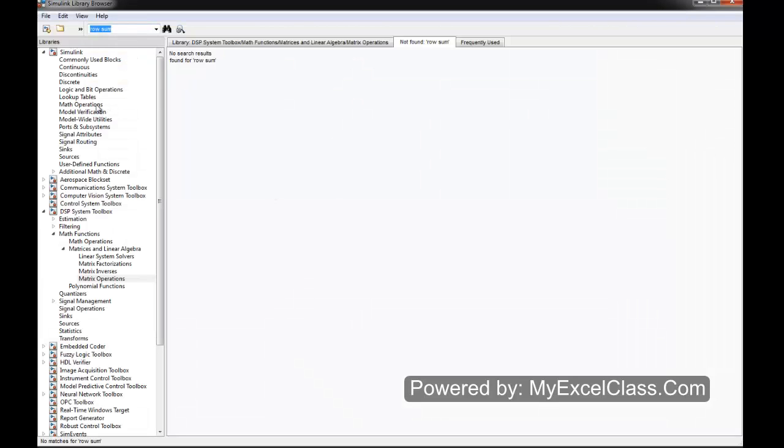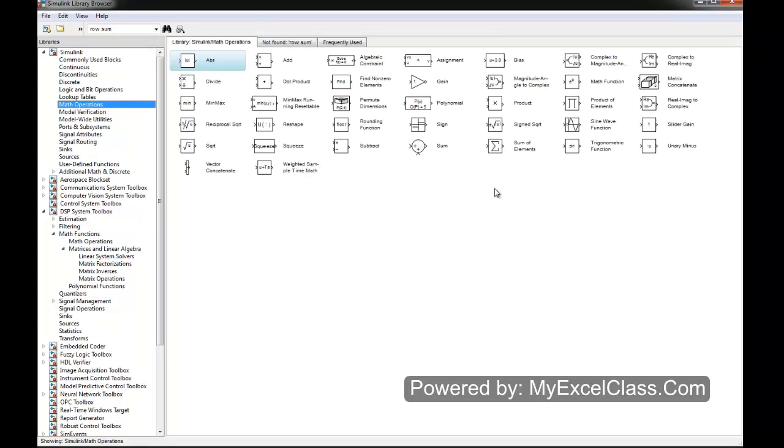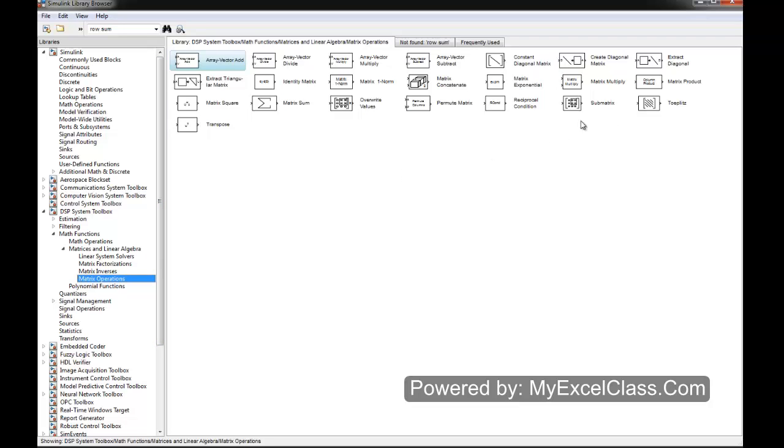So math operators, sum of elements, no, has to be matrix operation. Matrix sum, yeah, this is the one.